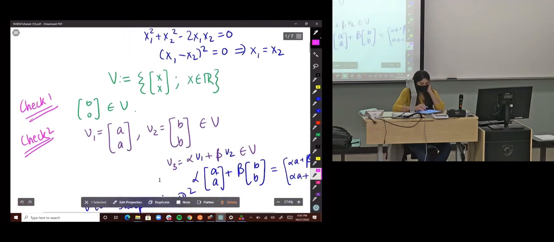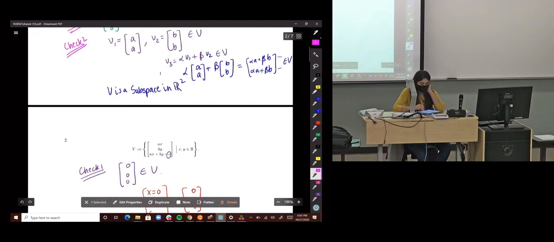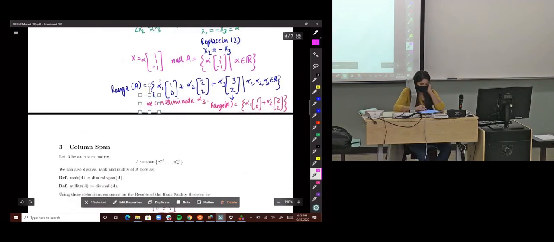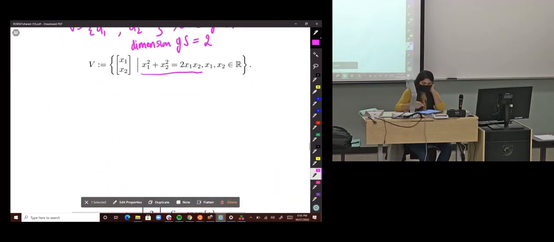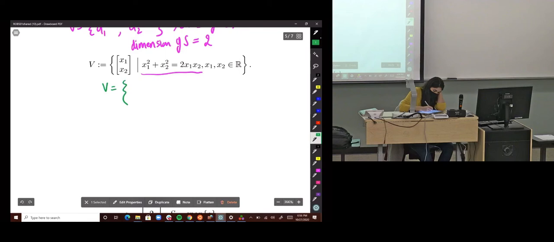So what would be the bases of a set of vectors defined in V? Well, let's write that down here. We simplified it to be v such that v is an element (x, x) given x belongs in R.